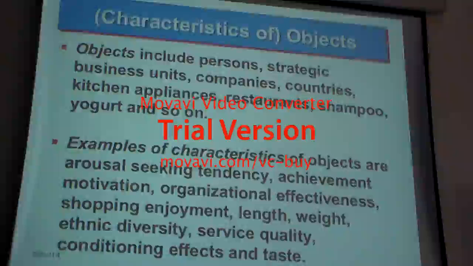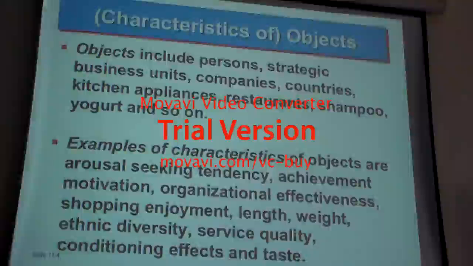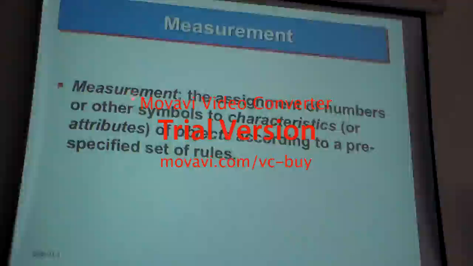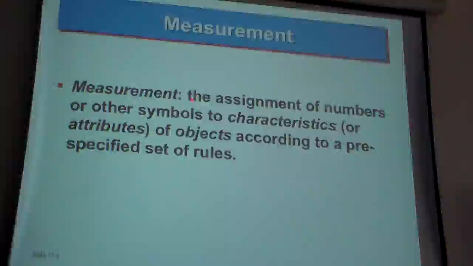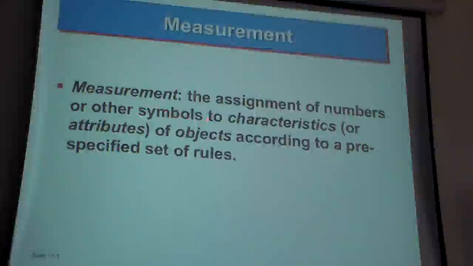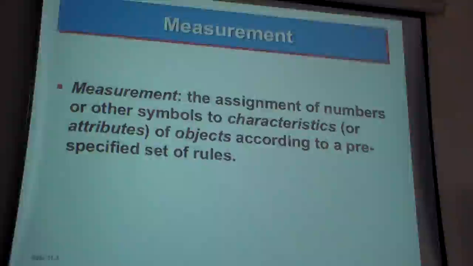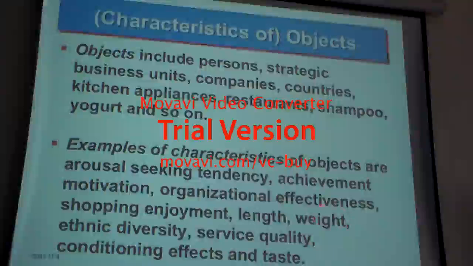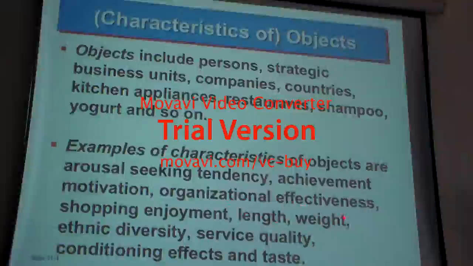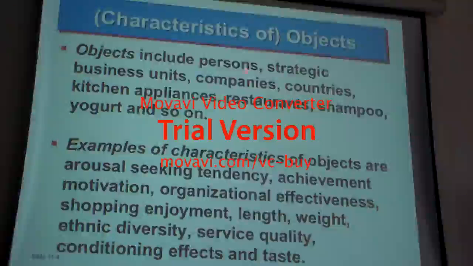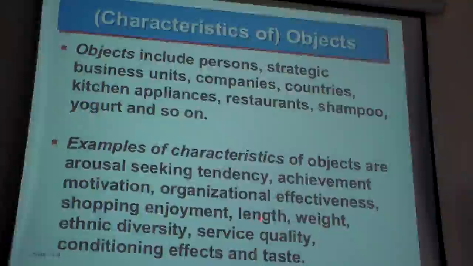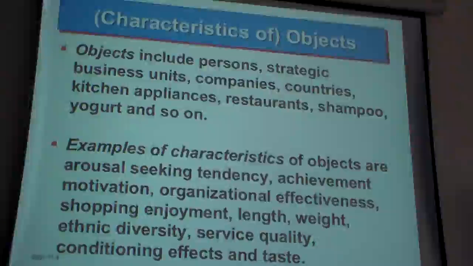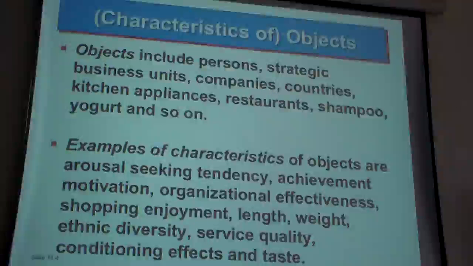This is what we mean by measurement. If you go back to the definition, measurement is the assignment of numbers or other symbols to characteristics or attributes of objects. So, if we have length and weight as characteristics of persons, you can say that the length of the person is 170 and the weight, for example, is 70 kg.